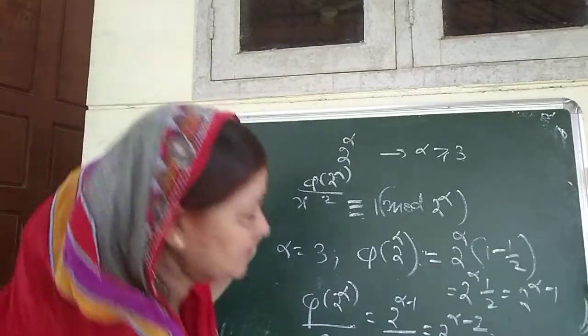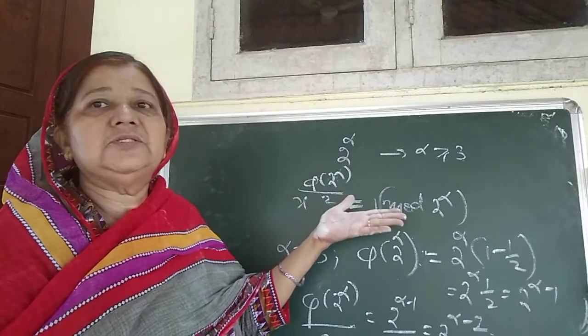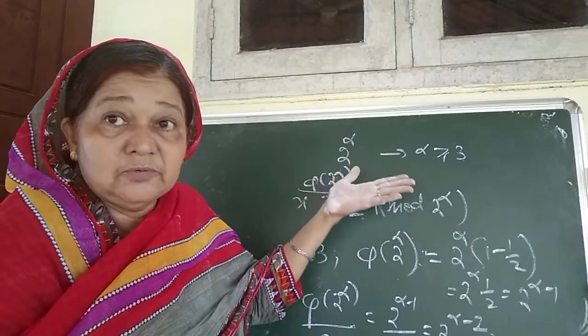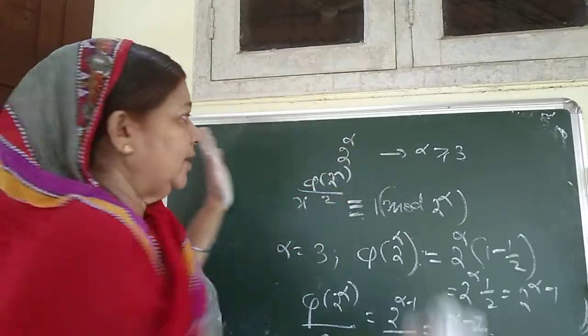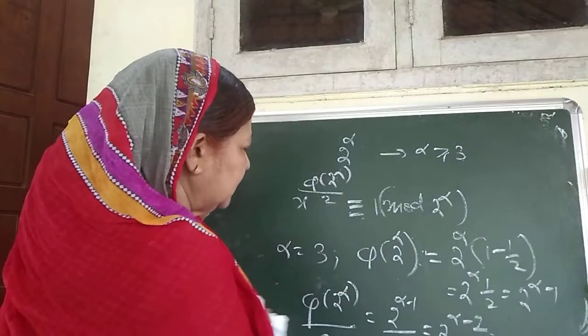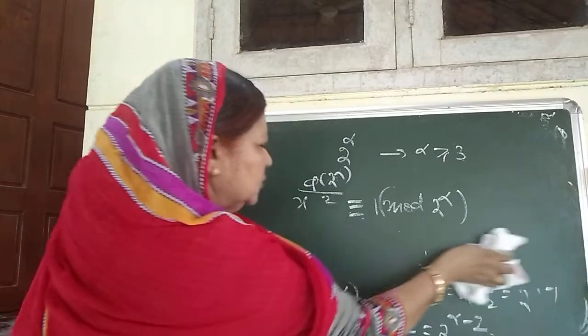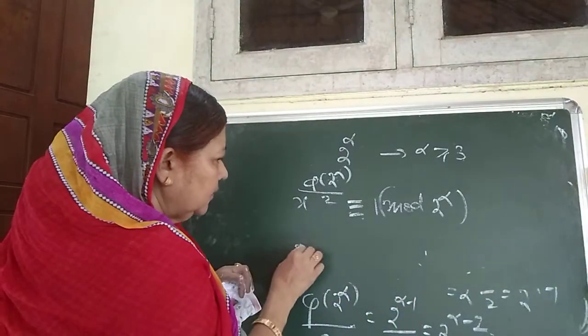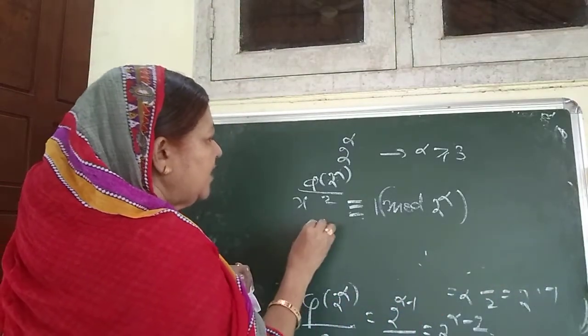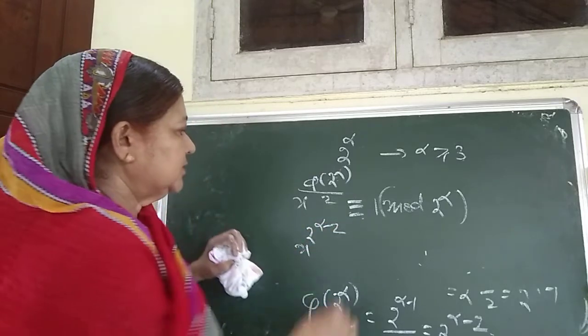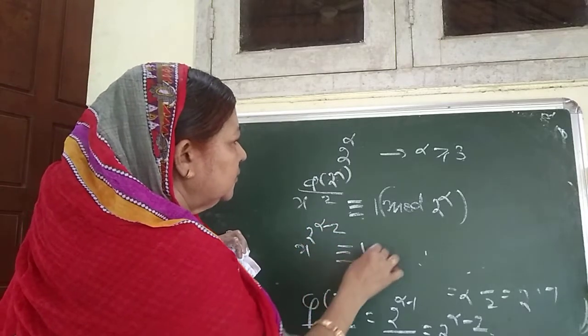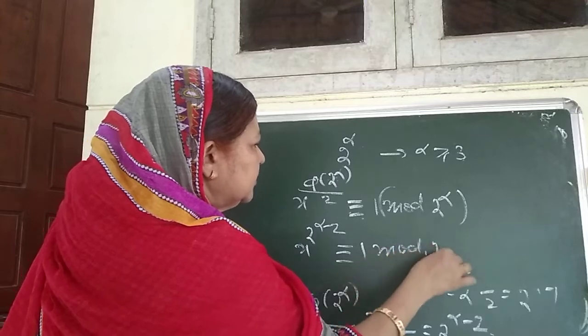So to prove this theorem, to prove the non-existence of primitive roots for 2 raised to alpha, it is enough to show that x raised to 2 raised to alpha minus 2 is not congruent to 1 modulo 2 raised to alpha.